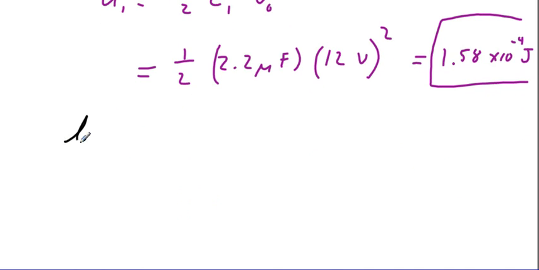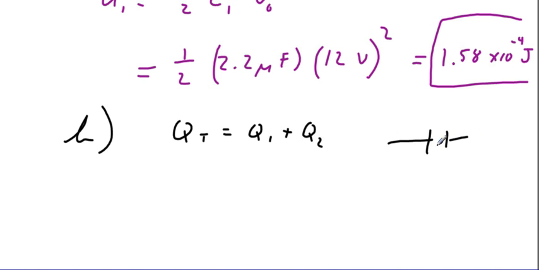Part B, the total charge available is going to be the initial charge, so total charge is going to be the same as the sum of the two charges. And because I'm connecting it across, I'm going to have a parallel combination.